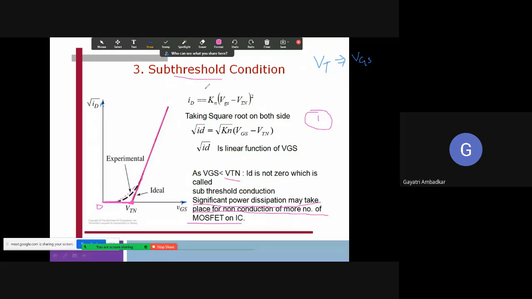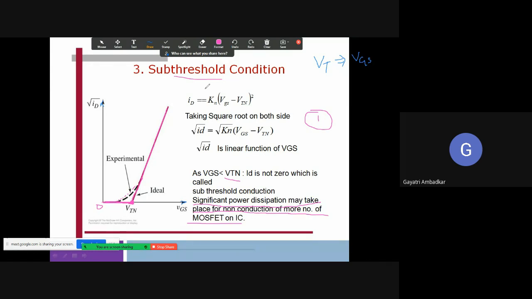But when a number of MOSFETs are connected in series together in an IC, these small currents add up, so the current is higher, and therefore this current dissipates power in the MOSFET even though the MOSFET is not conducting.